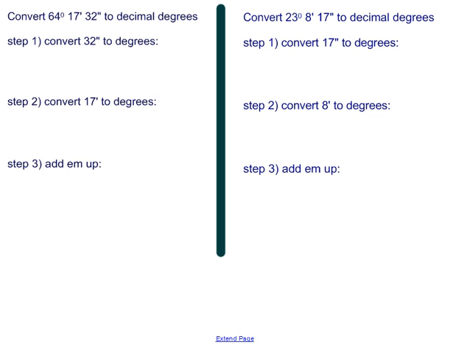Alright, so now we're converting back. When you convert back, we're going to convert each individual part back to degrees, or hours. In this case, there are 3,600 seconds in an hour. So we're going to take 32 divided by 3,600. You get a really small decimal, 0.0089.